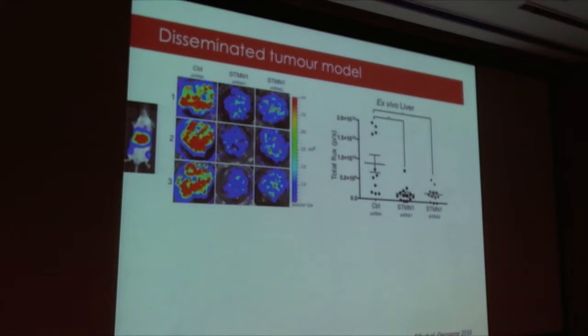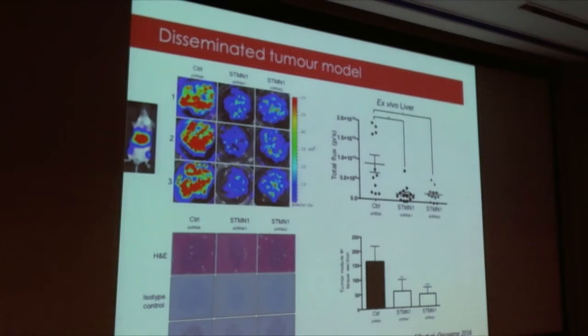And then when we knocked down our gene of interest, we got a massive reduction, even in this tail vein model, of the tumours forming. And we could quantitate the luminescence activity, and you can identify the tumours inside the liver of the mice. You can count those as well. And you can see there's a significant reduction in these tumours. So it's actually a good model if you have very specific questions you're asking for that purpose.